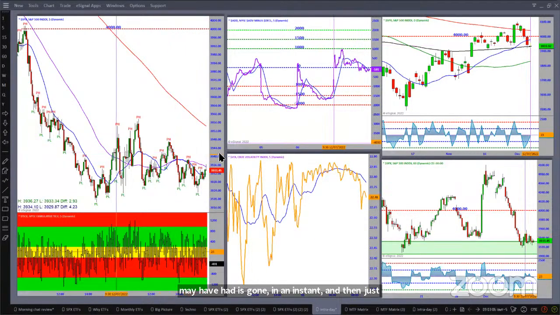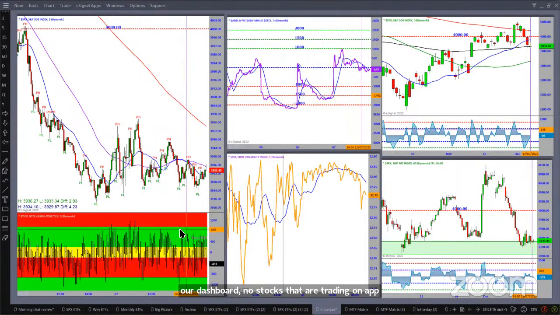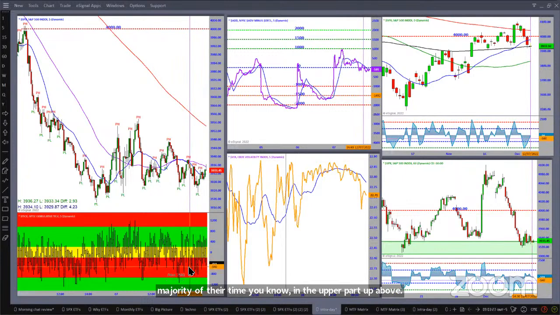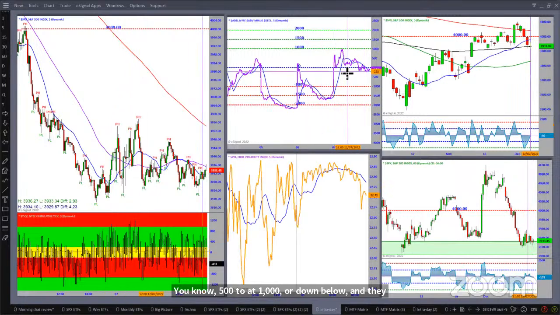So this is like our dashboard, stocks that are trading on upticks versus down ticks, where the bar is spending the majority of their time, in an upper part above 500 to 1,000 or down below. And when they're whipping back and forth like that, it's one type of visual aid that tells you what you're dealing with. And of course, the AD line and the volatility index.